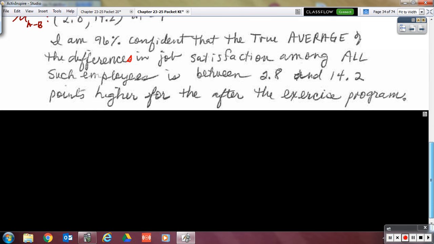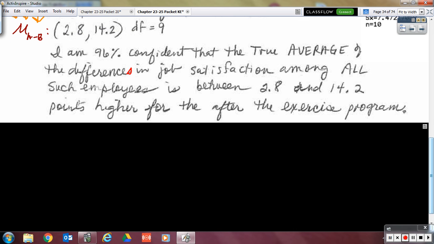Higher after the exercise program. Okay?